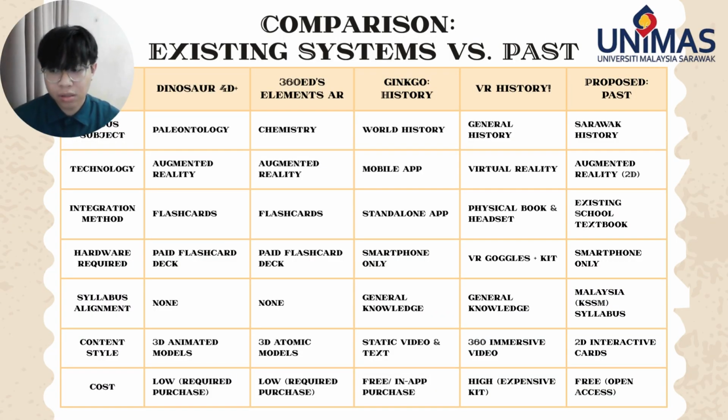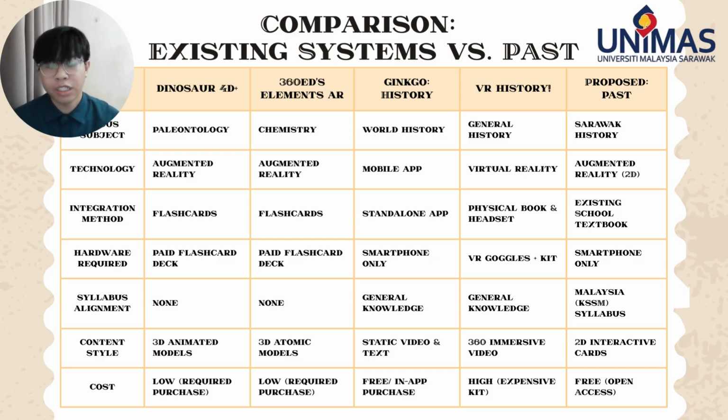For the comparison between the 4 applications that I reviewed and my proposed project, which is PaaS, of course the focus subject is Sarawak history, the technology is augmented reality, and the integration method is that I want to use the existing school textbook. The hardware required is only a smartphone, and the syllabus alignment must be the same as the Malaysia KSSM syllabus.